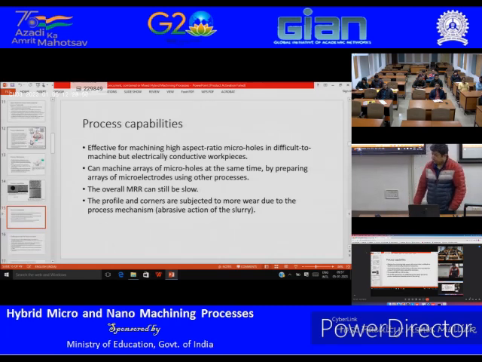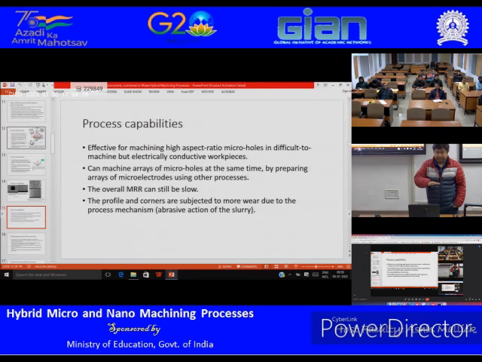So I already mentioned the process capabilities: machining high aspect ratio micro holes in difficult to machine materials. But for the EDM process, the workpieces have to be electrically conductive, right? The good thing is it can machine a lot of holes at the same time.